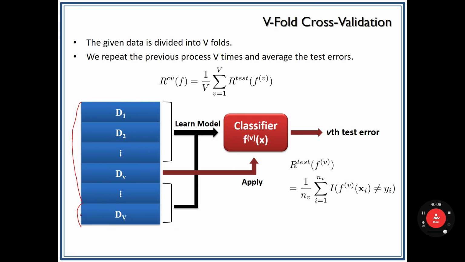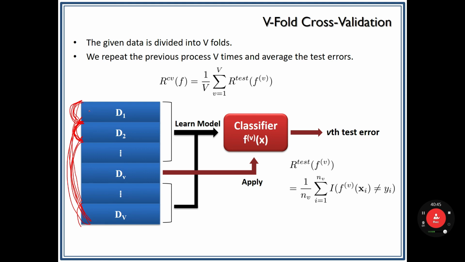Or even this way is okay: we use the first fold as a test set and the other folds as the training set, and we change the testing role one by one. So at first this one is the test set. In the second experiment, this second fold is the test set, and the first fold and the other folds are used for training. So we just change the role of the test set.